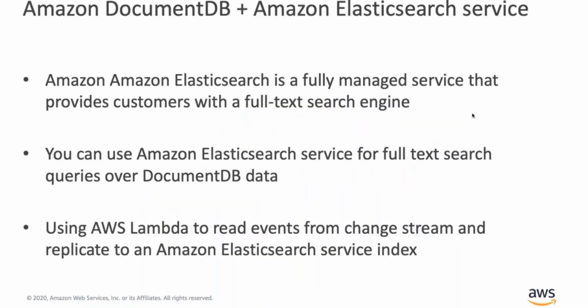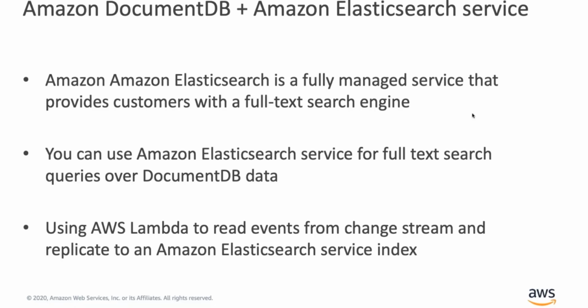The one that I want to talk to you about specifically is how to use DocumentDB with the Amazon Elasticsearch service. This is quite a common scenario, and we've had a few customers ask us how to make this happen. I actually have a demo to show you how this would work. Essentially, the reason customers would do this is if they want to run full text search queries over their DocumentDB data, and the Amazon Elasticsearch service is perfect for that.